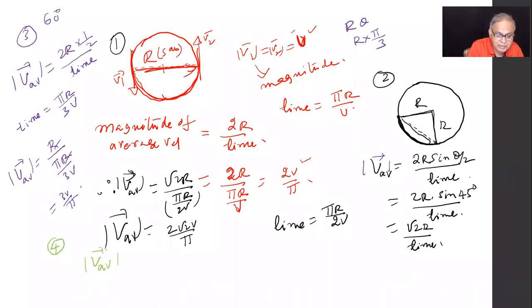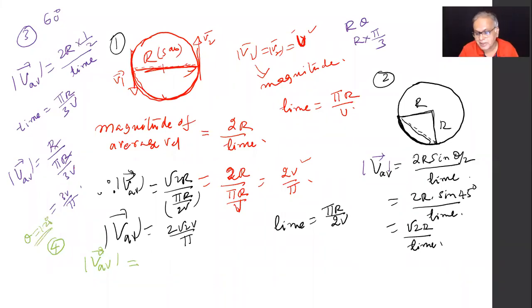Average velocity is not average speed. That's why you write displacement by time. I'll try to write it in one step: 2r sine theta by 2. How much is that? Sine 120 by 2. Look at the old question, you will know it.